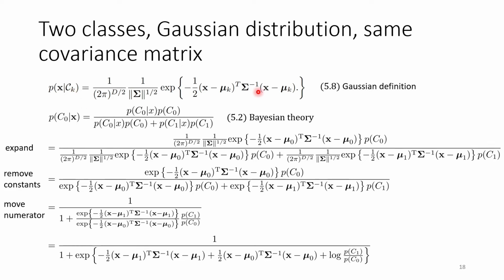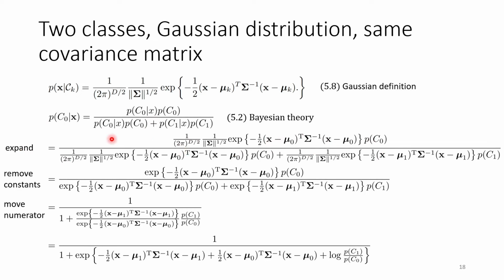This is the definition of the Gaussian distribution, and we use equation 5.2, the Bayesian theorem. We get the probability given an input x and the probability for class 0. We expand this equation and get this very long, complex expression.